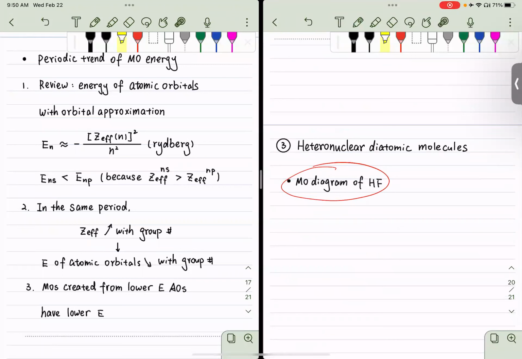I'll create a walkthrough because I don't have enough time in this class to finish it. And you'll also get practice of the heteronuclear diatomic molecules in the discussion worksheet. All right, thank you. Yeah, so I'll post a walkthrough.